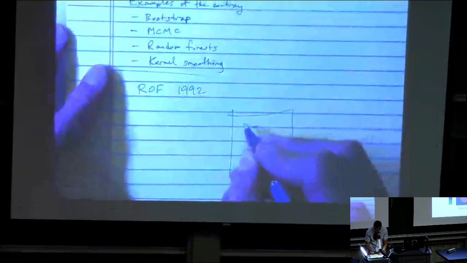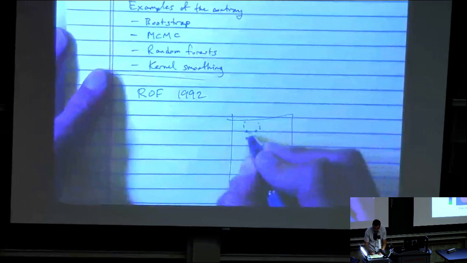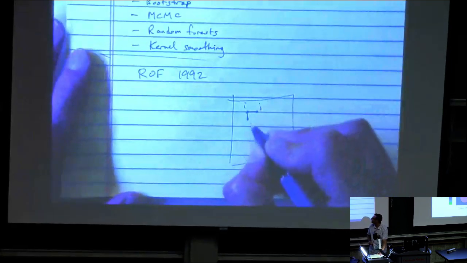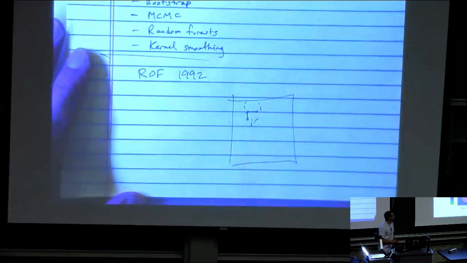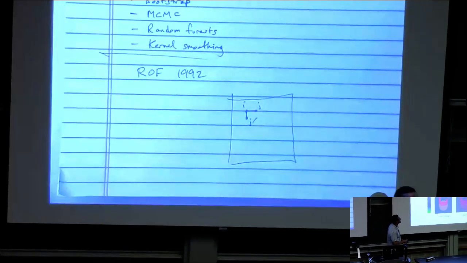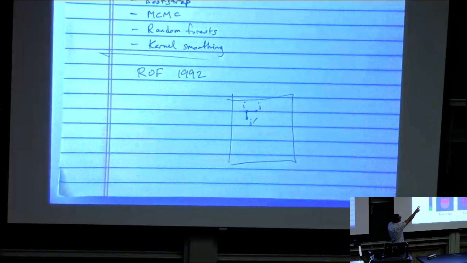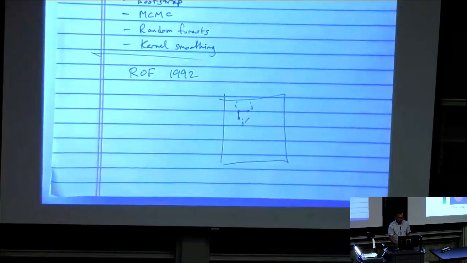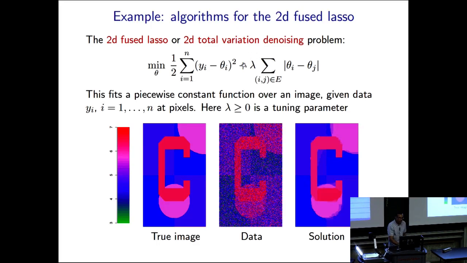So if this is i and this is j, and j is horizontally adjacent, then there's an edge between them. And this is another valid choice, say j prime. So we'll look at all pairs i and j that are horizontally and vertically adjacent, and we'll penalize according to the absolute value of theta_i minus theta_j, with what we call a tuning parameter, lambda, on this penalty term.